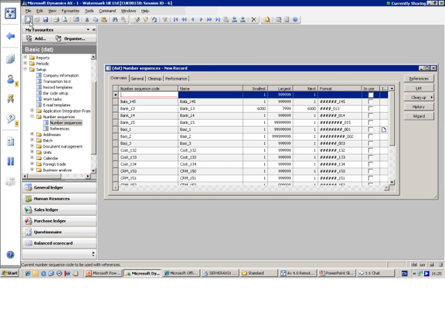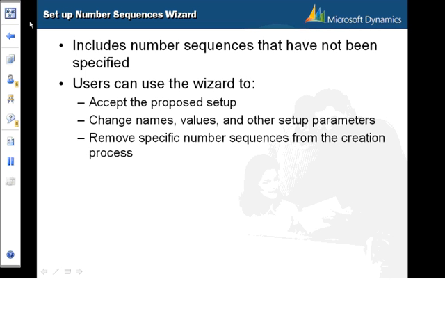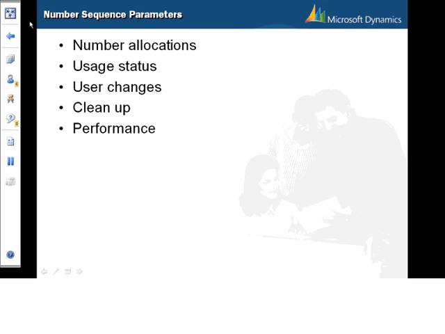So I create a new number sequence, and then we have to define the individual parameters for this number sequence. At the end of this section, you can find the exercises on page 134. If you want to try it by yourself, you can do these exercises. But meanwhile, we will move to the next slide, and we will talk about the number sequence parameters.